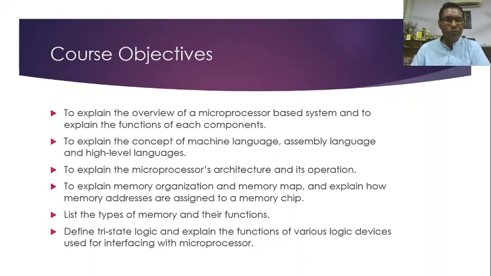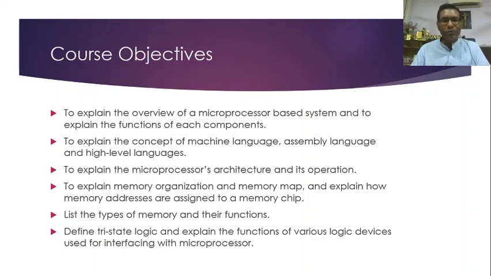Now, what are the course objectives? It has 6 course objectives. The first one is to have an overview of a microprocessor based system and to explain the functions of each component of the system, that is the hardware. Then in the software we have machine language, assembly language and high level languages, to understand the concepts of this. Then we will learn about the architecture of a microprocessor and how it operates.